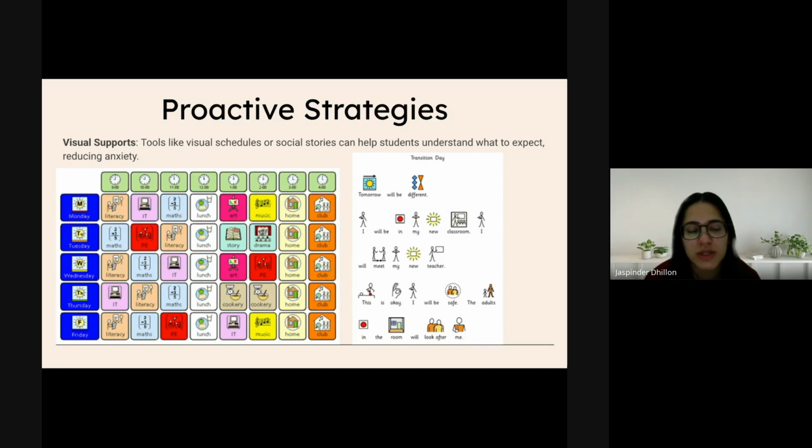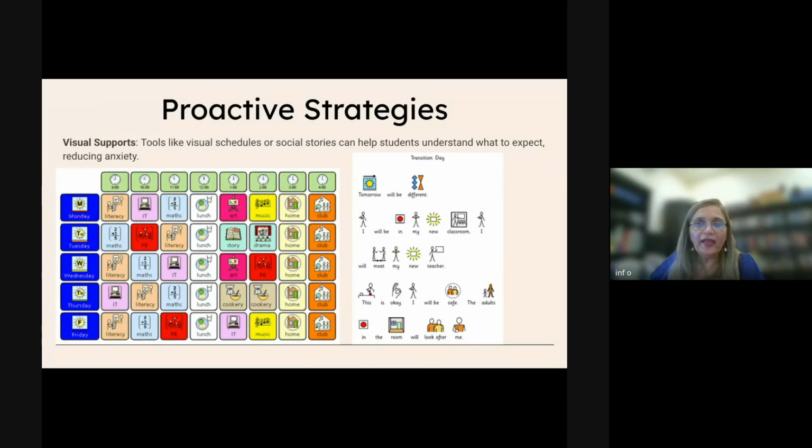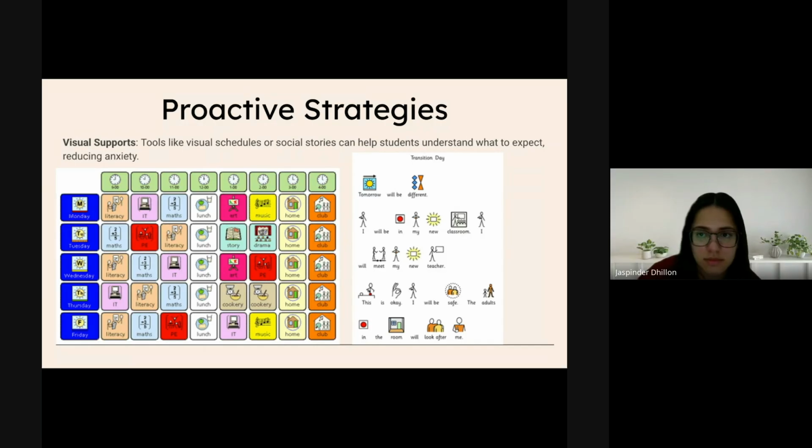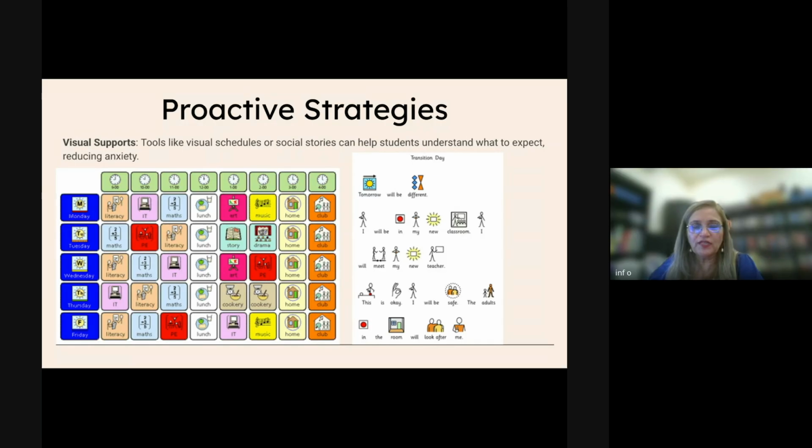So this will help the student know what to expect and help them reduce their anxiety and prepare for the transition day. Okay, so proactive strategies are what you want to put in place before a situation arises. So you are trying to preempt.